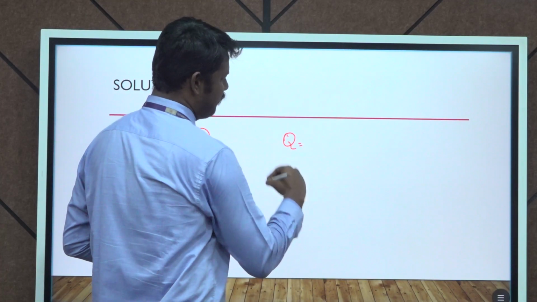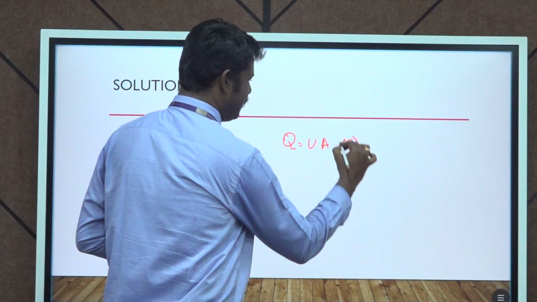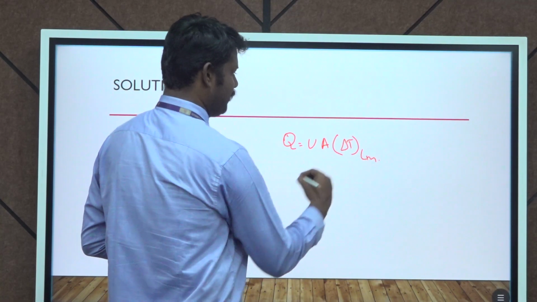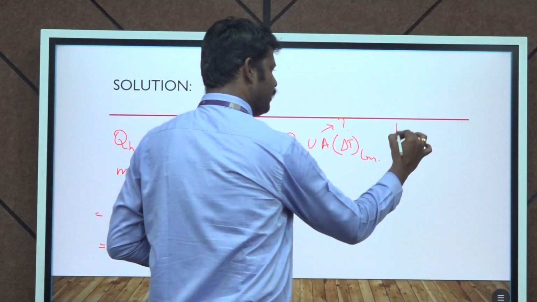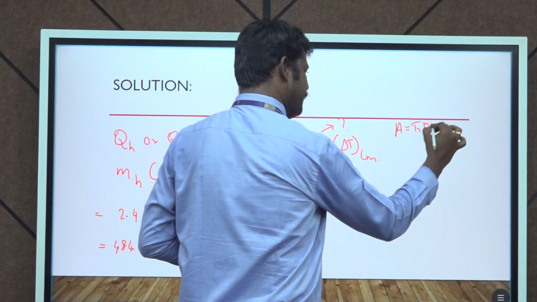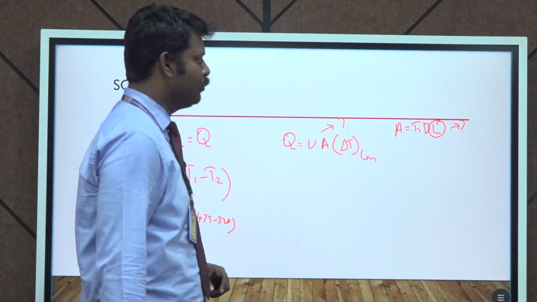Now, let us use the LMTD method. The LMTD method is Q is equal to U A del T LM. From here we have to find out the area, and from the area we have to find out pi d L, the length. So, still two more steps are remaining.